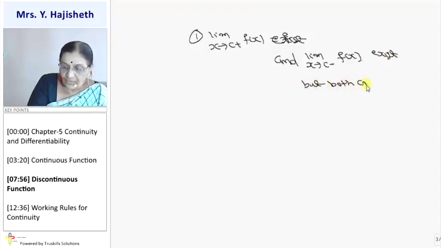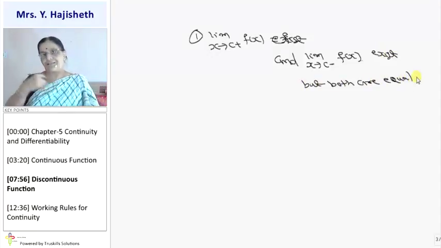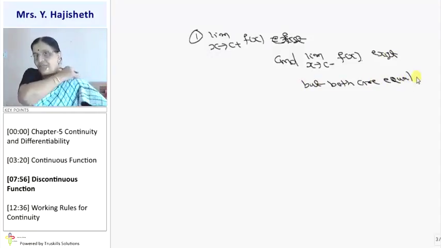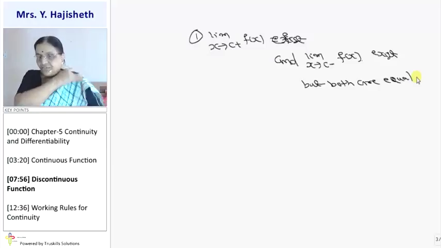Both are not equal. Then I can say that the limit does not exist. Then also function f is said to be discontinuous.